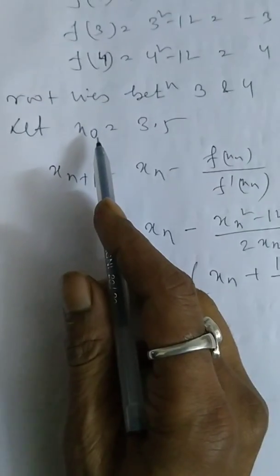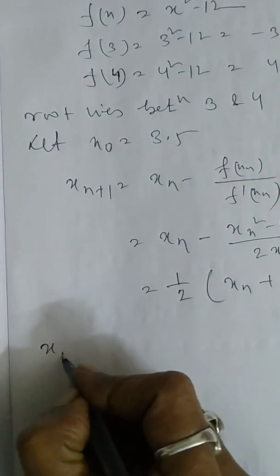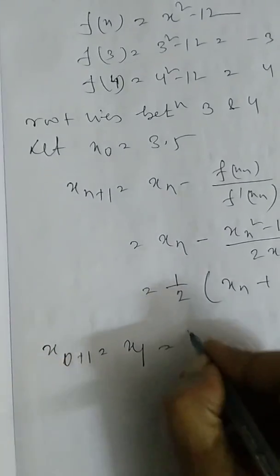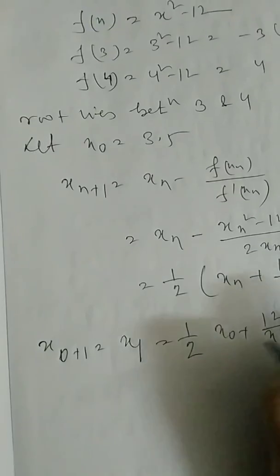So as you choose x0 equals 3.5, now x1, if you put n equals 0, that means x of 0 plus 1, that is x1, equals half of x0 plus 12 by x0.